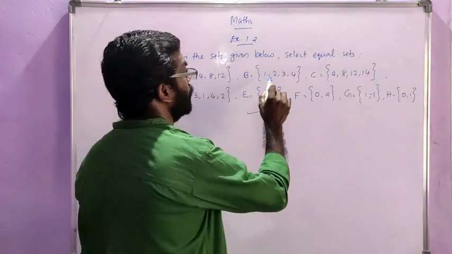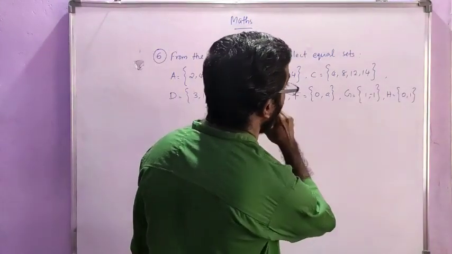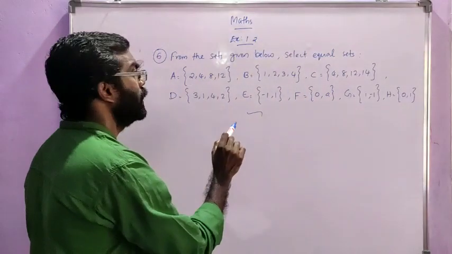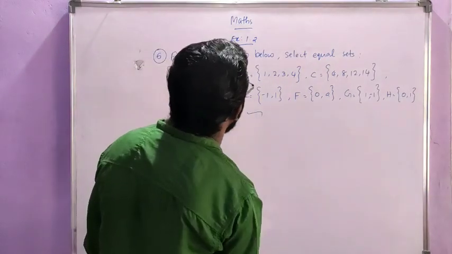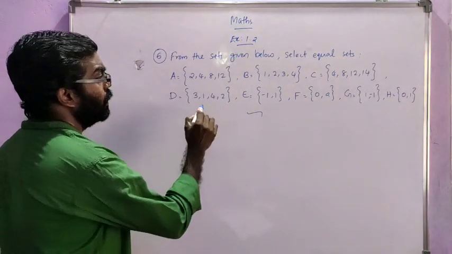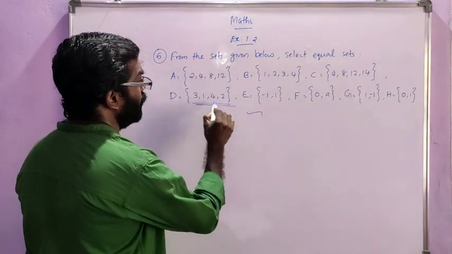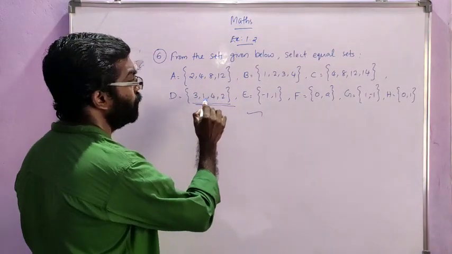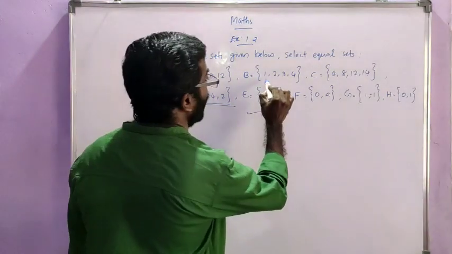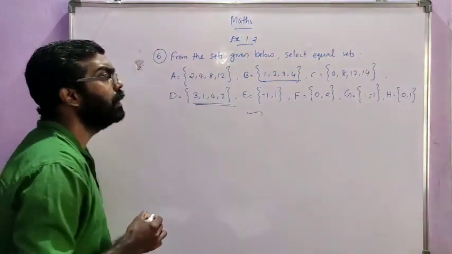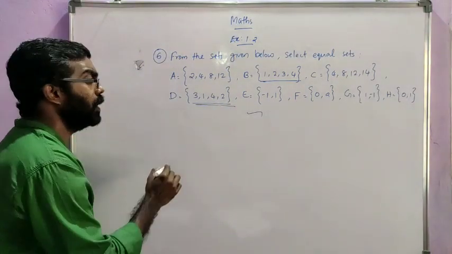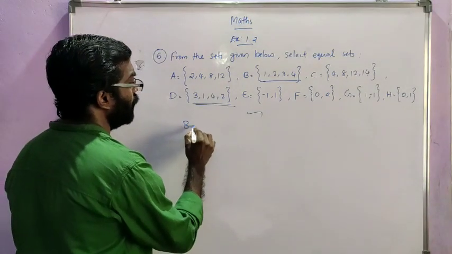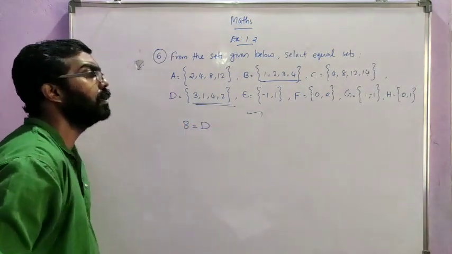Then come to set B {1, 2, 3, 4} and we have to check whether there is any set contains these four numbers, that is 1, 2, 3, 4. Here the set D contains 3, 1, 4, 2. 3, 1, 4, 2 means 1, 2, 3, 4. Okay. So B and D contains exactly the same elements. So we can write set B equal to set D.